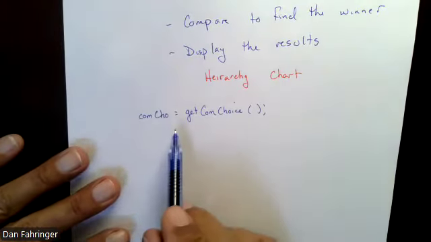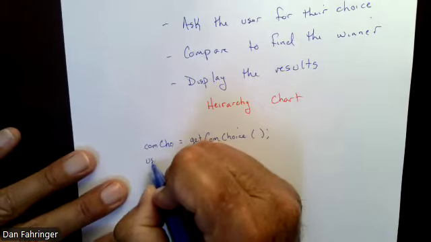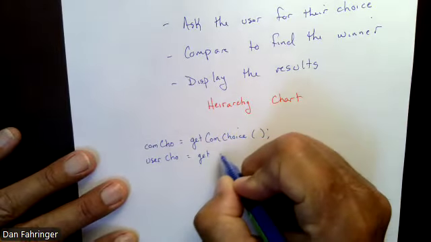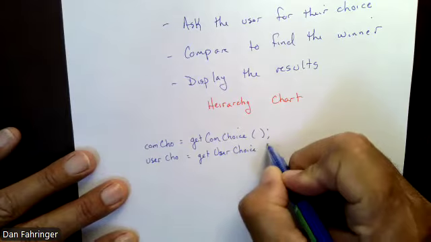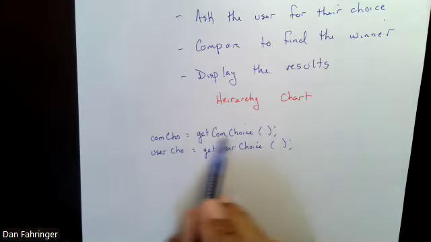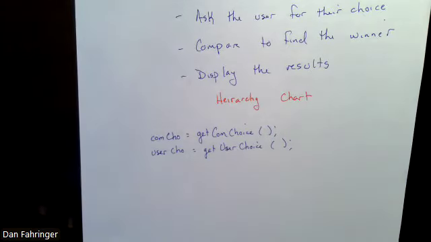Okay. Let's see. Well, I now need to find out what's the user's choice. And I'm going to do the same kind of thing. That looks like so. This is my main. And I need to compare.